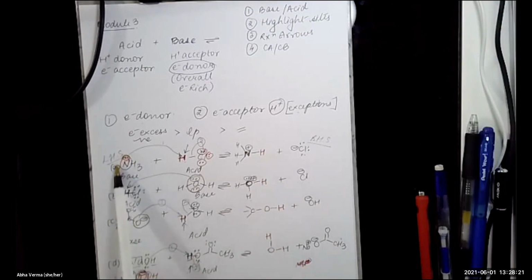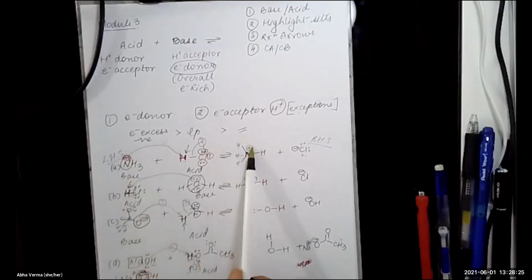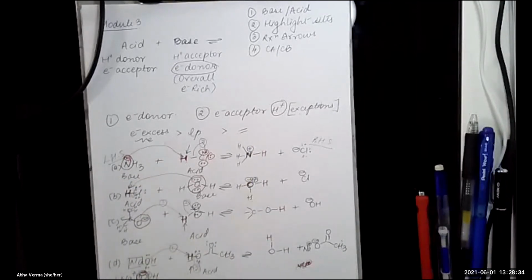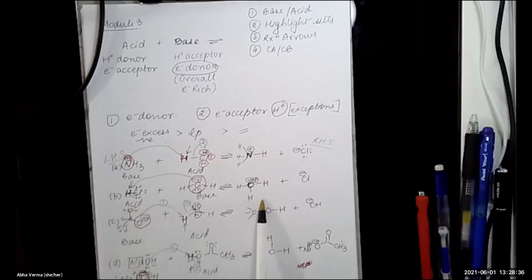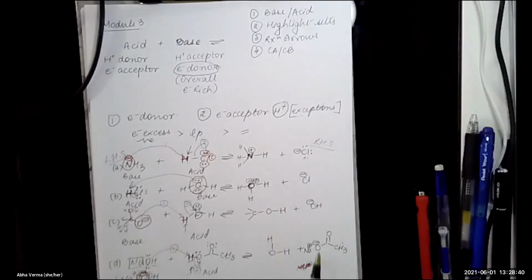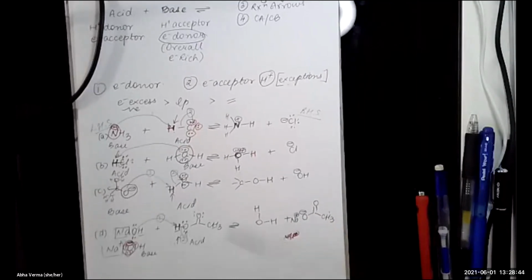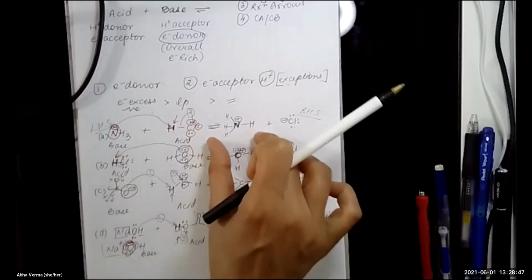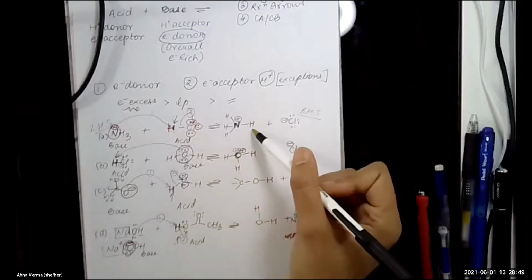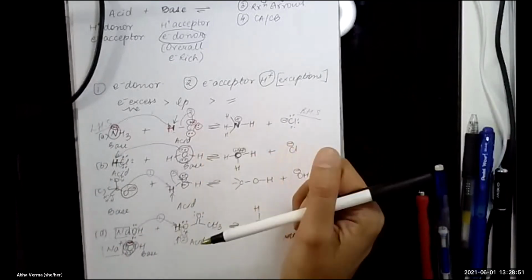So this base generates a corresponding conjugate acid. So I usually write my base here first, and then I give the extra hydrogen to it.